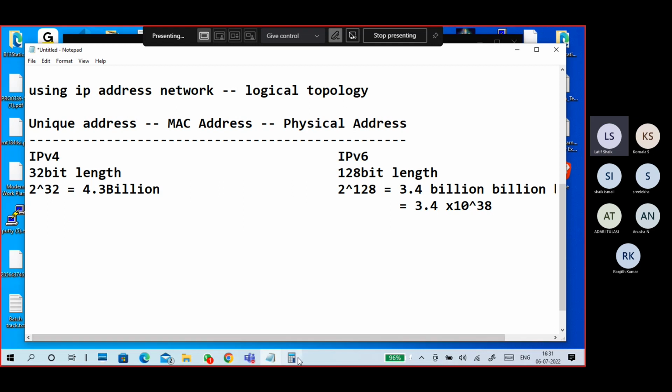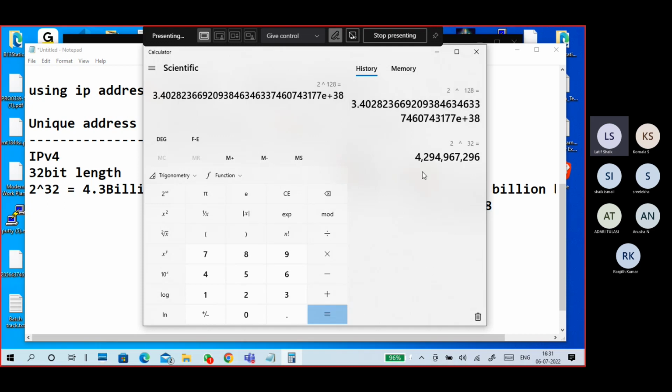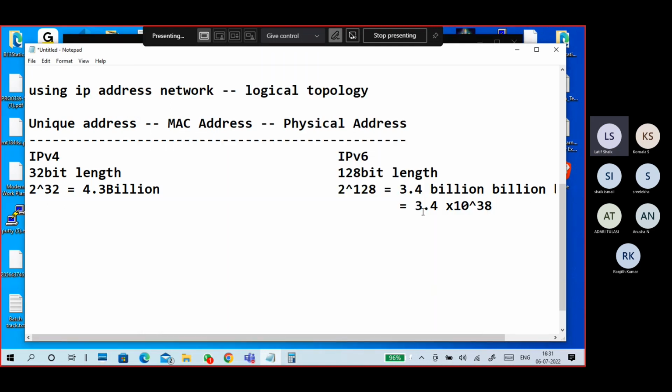If you want to calculate, you can try. It means a very large number of IP addresses.